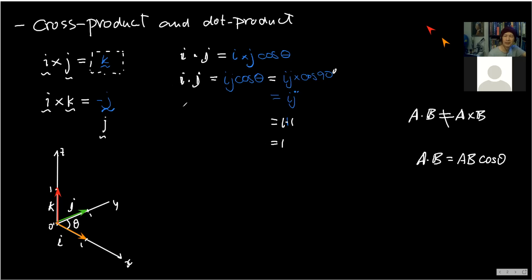How about whenever next time you say the J dot product K, how about the dot product of I and J? Sorry, I and K. 1. Okay, it's 1. Now how about I? Oh, hang on.